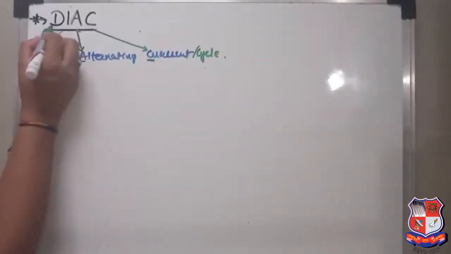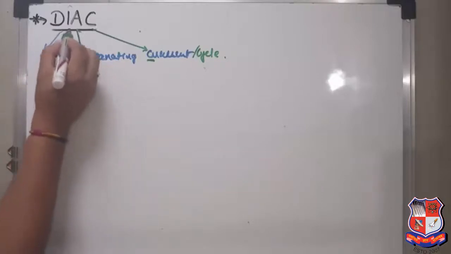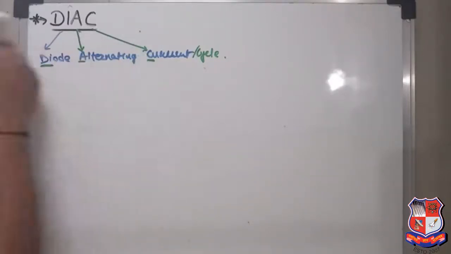See, the first 2 letters are from diode: DI comes from the first 2 letters of diode, A is from the first letter of alternating, and C is from the first letter of current, or you can say cycle.